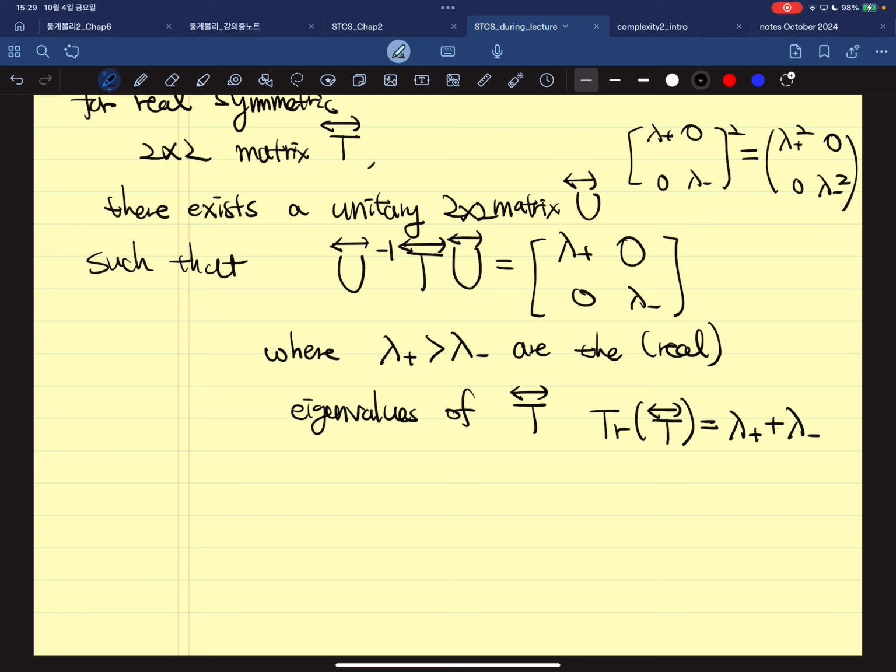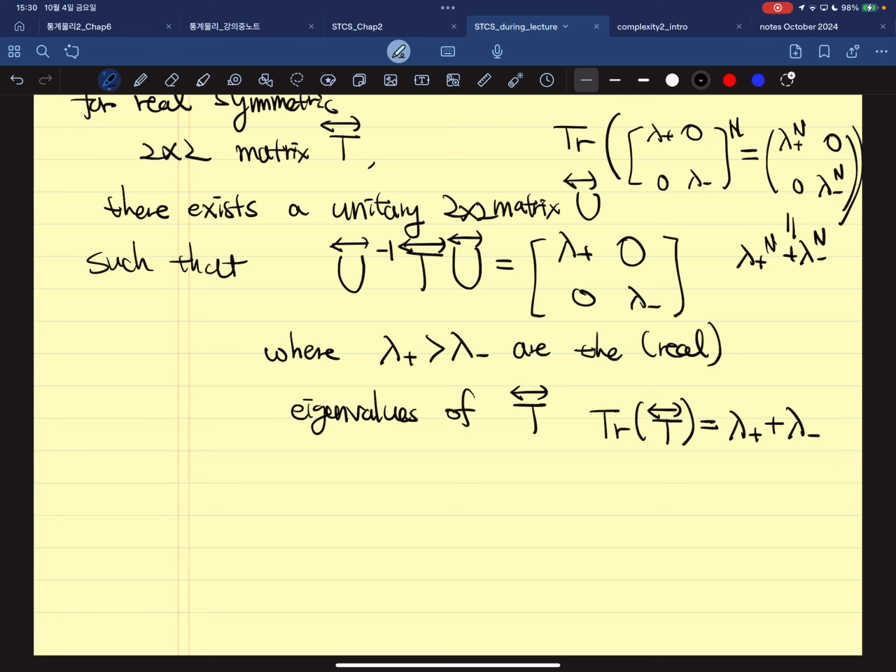So basically, the nth power of this diagonal matrix is just the element-wise nth power. So the trace of this matrix would be, of course, the sum of the eigenvalues, or the sum of the diagonal elements.